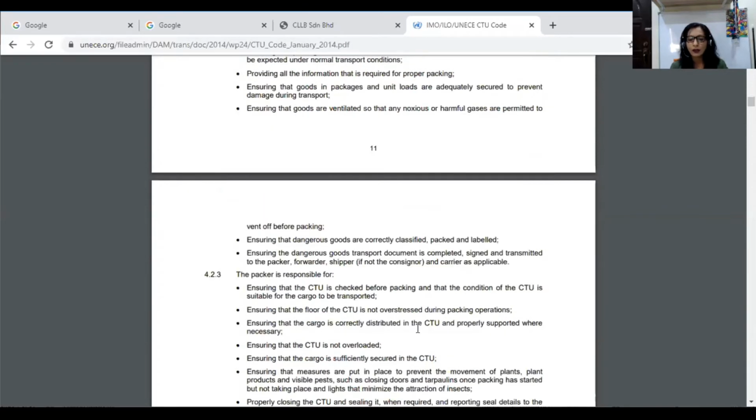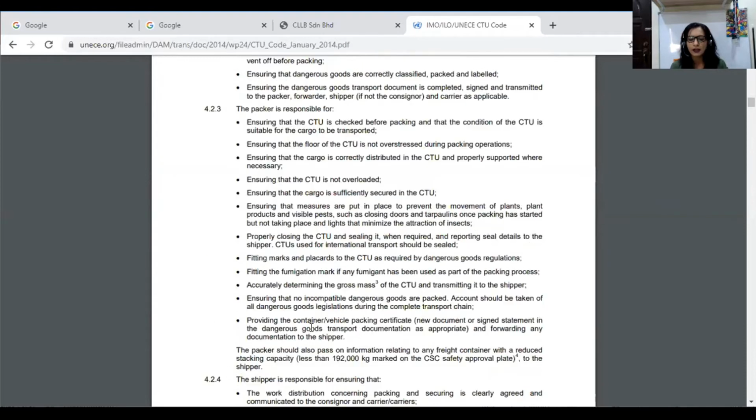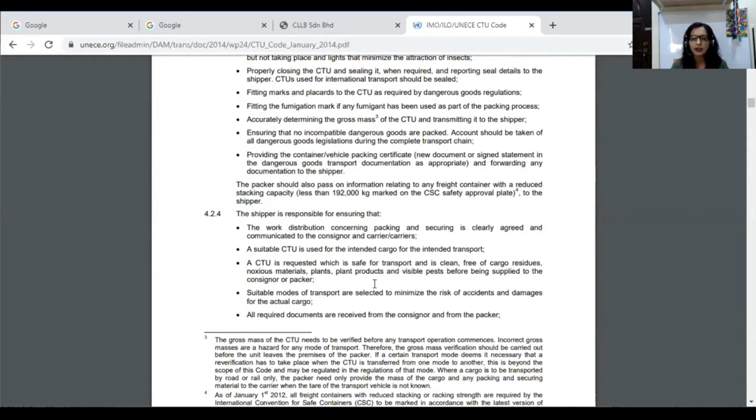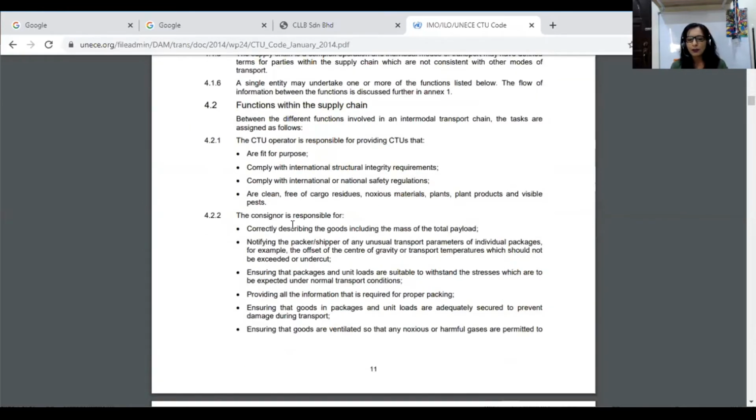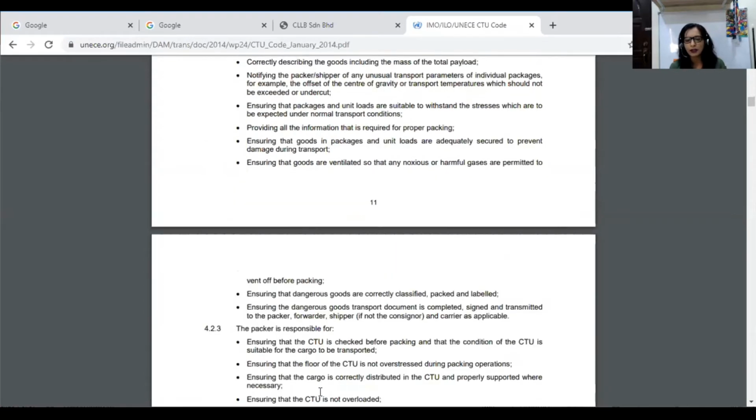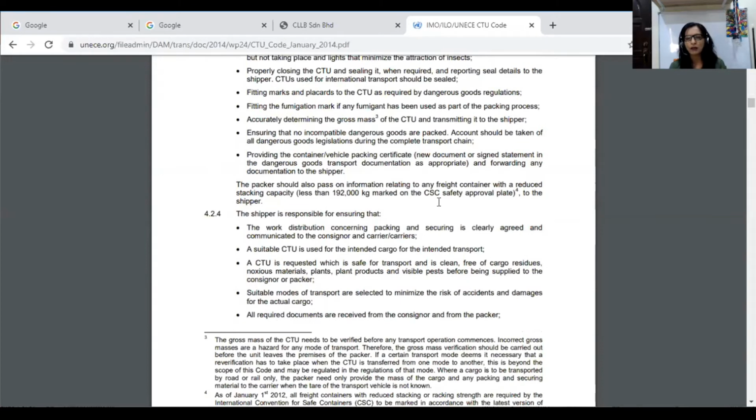Then they talk about the packer's responsibility. After the packer's responsibility, they also talk further about the shipper, because you see here they put consignor. Now consignor, we all know, is the shipper. And then here we put shipper as well, because there could be different situations here. So it depends ultimately who is the consignor in the BL and who is the ultimate shipper.